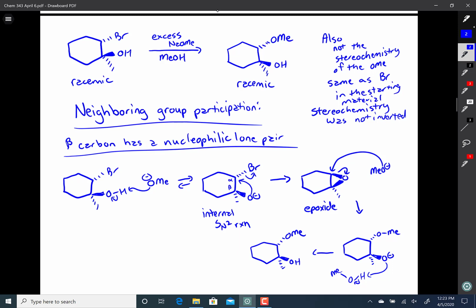And you get your product. So the alpha carbon really did invert. It just did a double inversion.